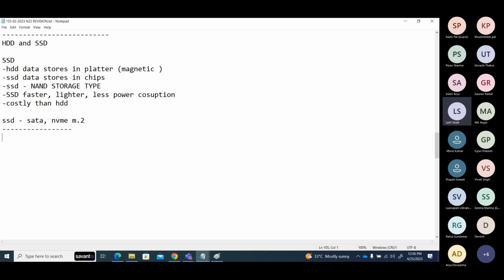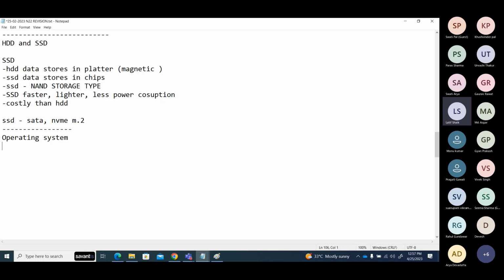Partitions, file system, operating system. What is an operating system? An operating system is also a program or software.